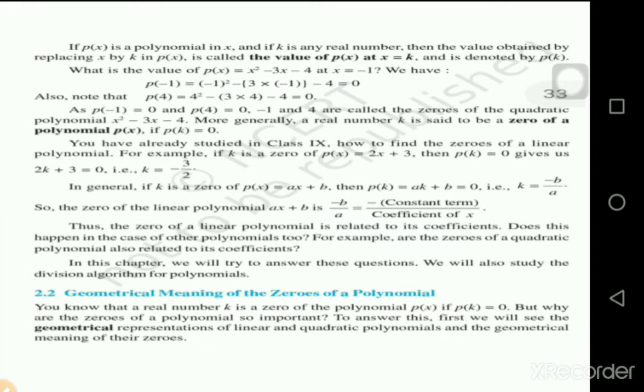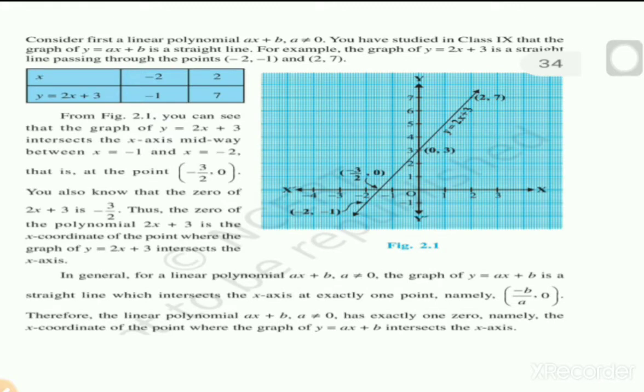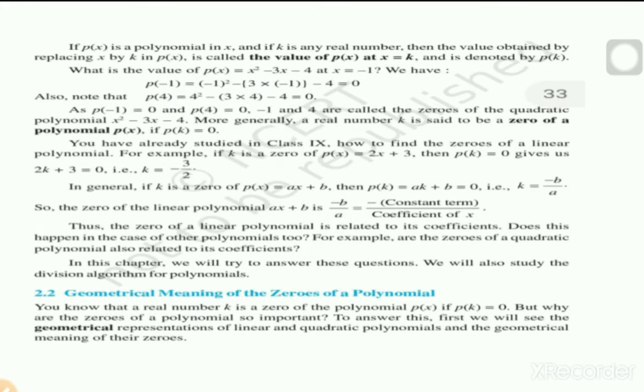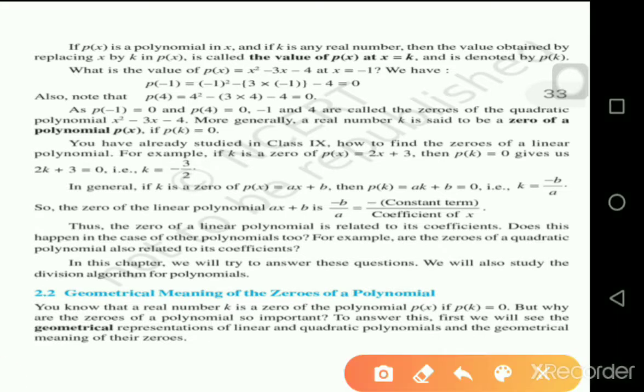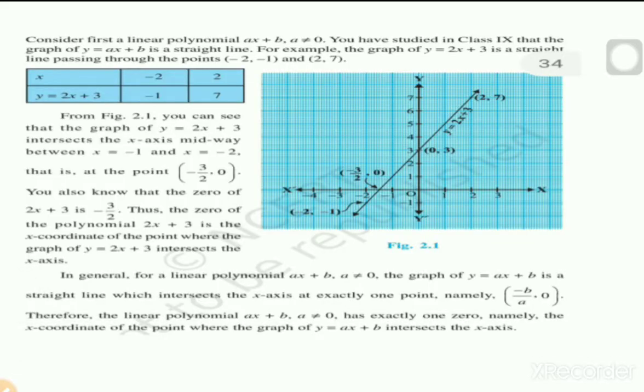Now we will discuss the geometrical meaning of the zeros of a polynomial. Now recall, in coordinate geometry, how did you locate the points?